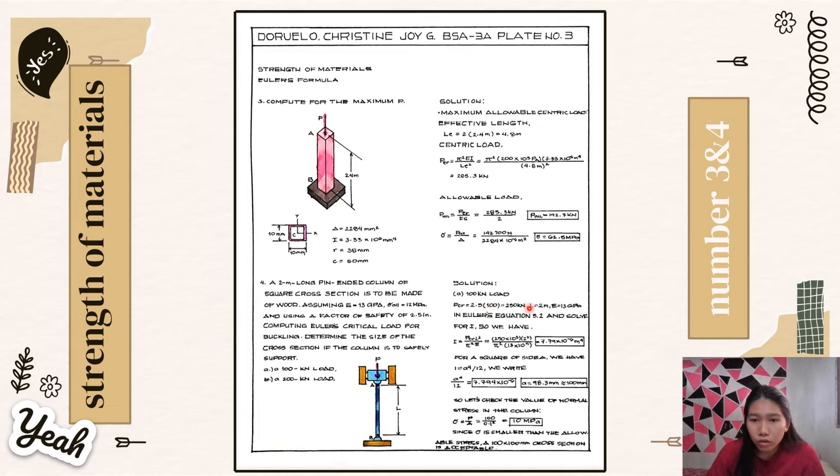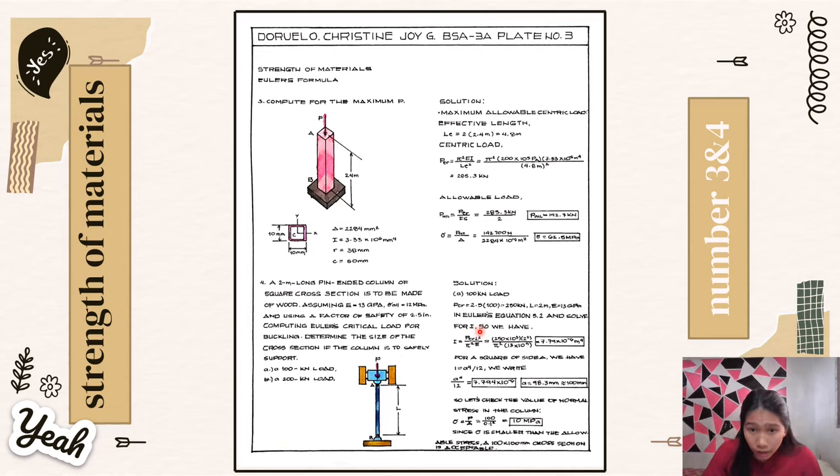For the 100 kilonewton load, Pcr is equal to 2.5 multiplied by 100 is equal to 250 kilonewton, and L is equal to 2 meters, and E is equal to 13 GPa.